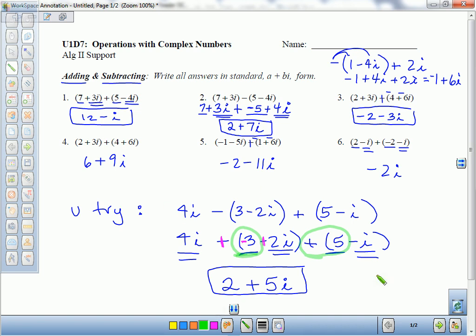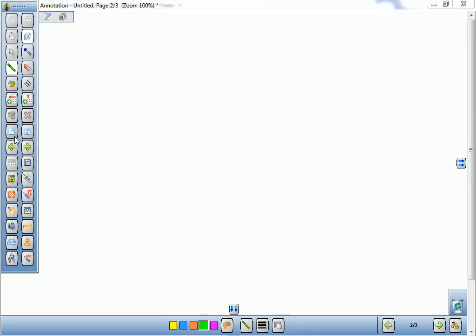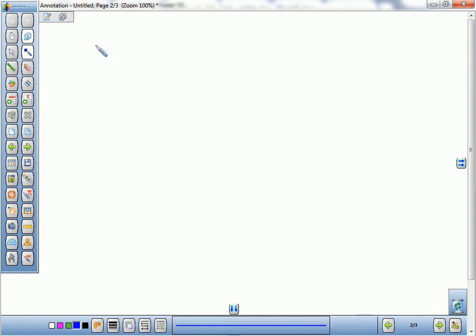Okay, so while we've got it on the back, let's refresh ourselves on yesterday real quick. Now remember, yesterday we started simplifying radicals, and then we simplified radicals that had negative numbers in it. So if we had, say, the square root of 18, now this one will not be imaginary, will it?